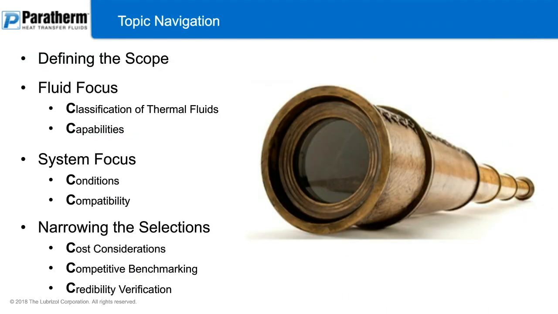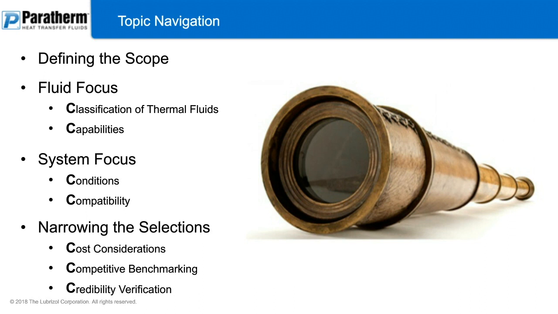So just to go through quickly the navigation of how we're going to present this material, it's really going to follow along what your selection process will likely be in real-life operation. So we're just going to define the scope of the presentation to begin, introduce a reminder of what we're talking about when we say thermal fluids or heat transfer fluids.